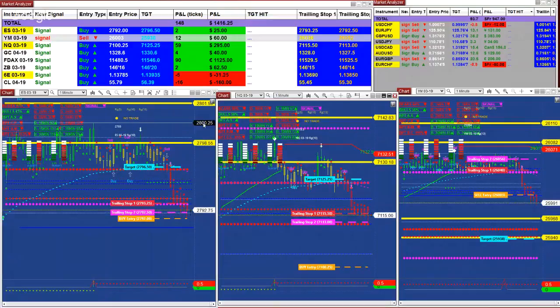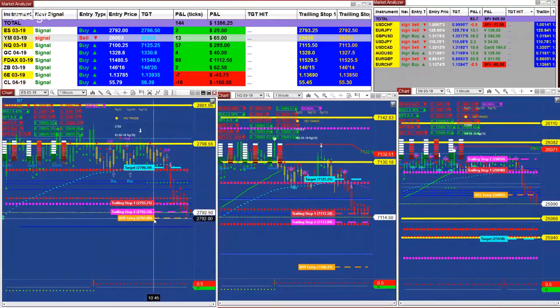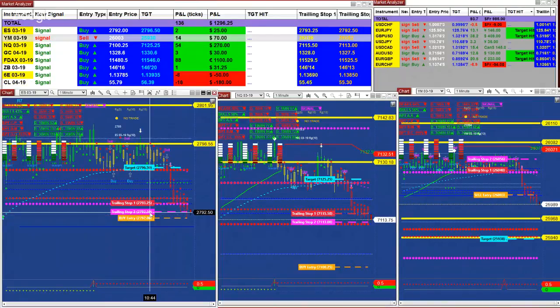So let's look at the ES. This is the last stop for the ES, gentlemen. It's 92.50. You can see how hard it is, this 92.50.